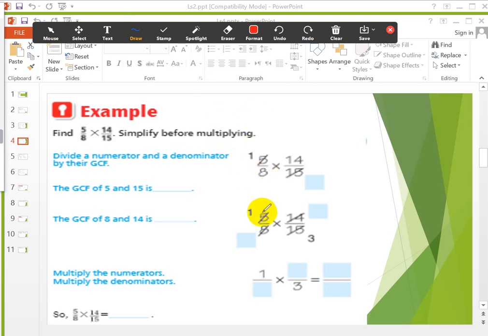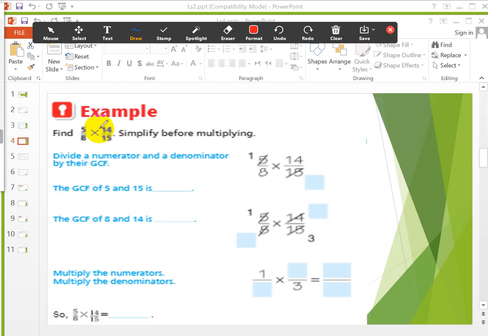Let's continue. If I want to find a greatest common factor between the numerator from the first one and the denominator from the second one, look, this is 5 over 8, multiply 14 over 15. I have to choose a numerator and a denominator, one from the first fraction and the other from the second one.